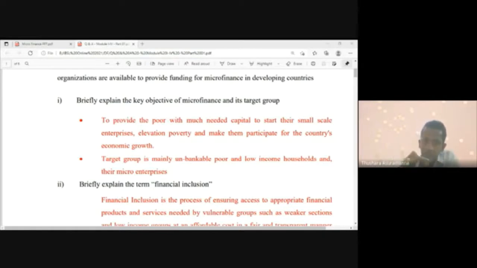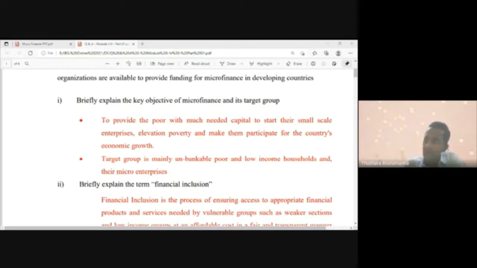Like here, I'll tell you what you can do in this microfinancing: you can have a major circle, a central circle of microfinancing. Then you have sub circles, maybe 8 or 9 sub circles outside that. Each circle would tell you what you need to learn. First one could be definition. Second one could be objectives. Third one could be target market.